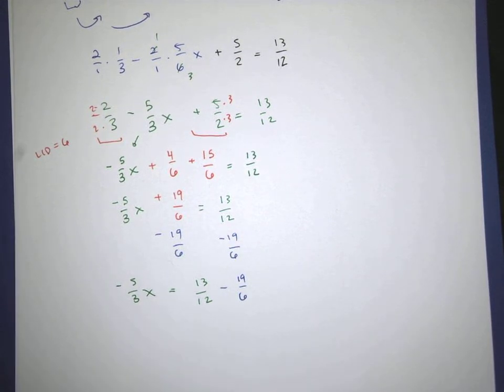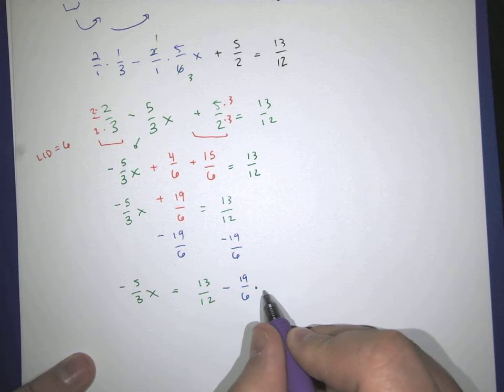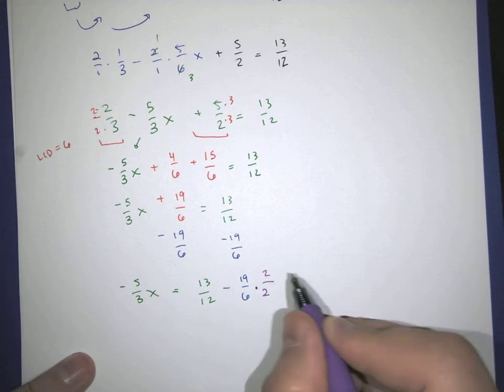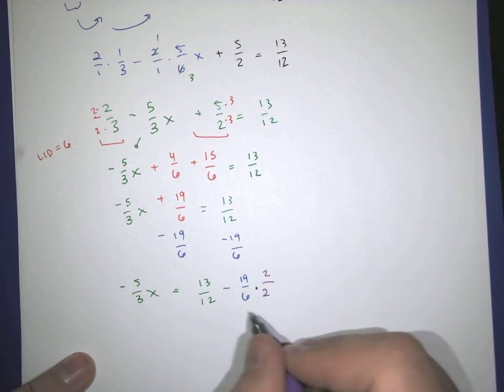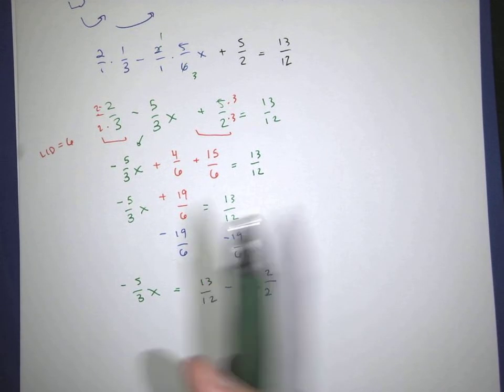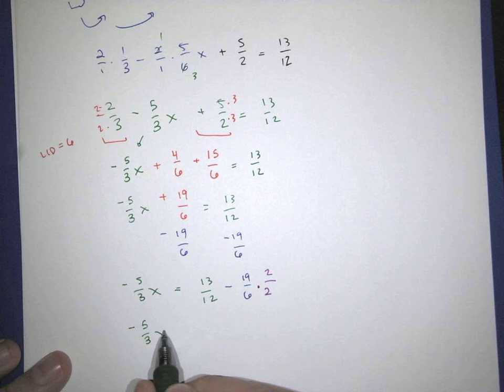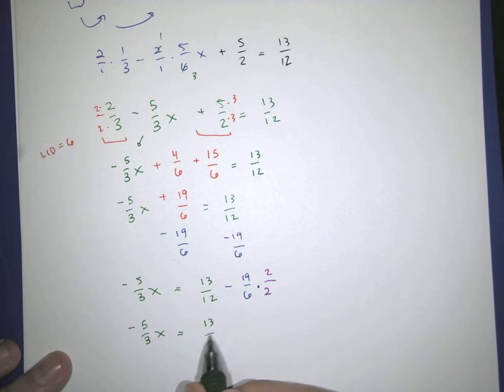Our common denominator here, 12 and 6, we'll just use 12. 6 times 2 is 12. So negative 5/3 x carries down, 13/12.